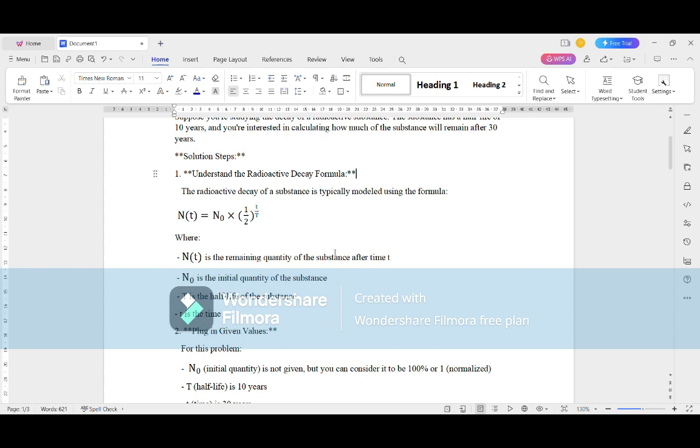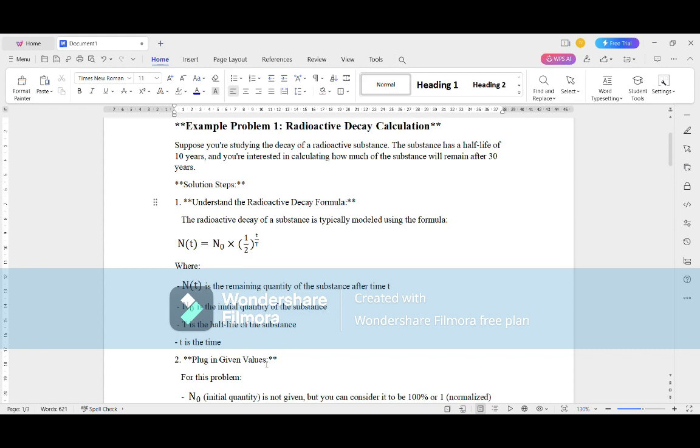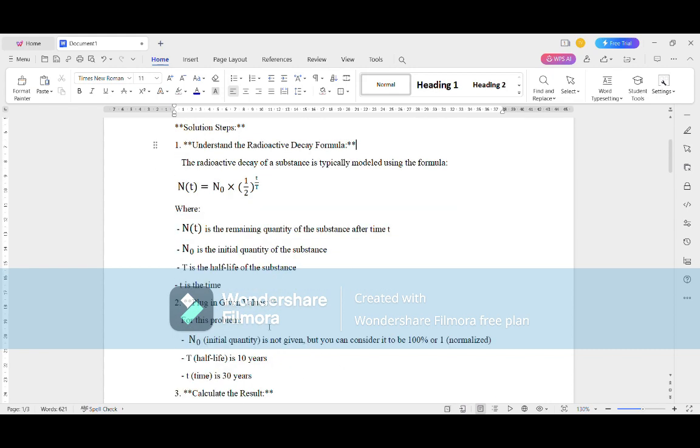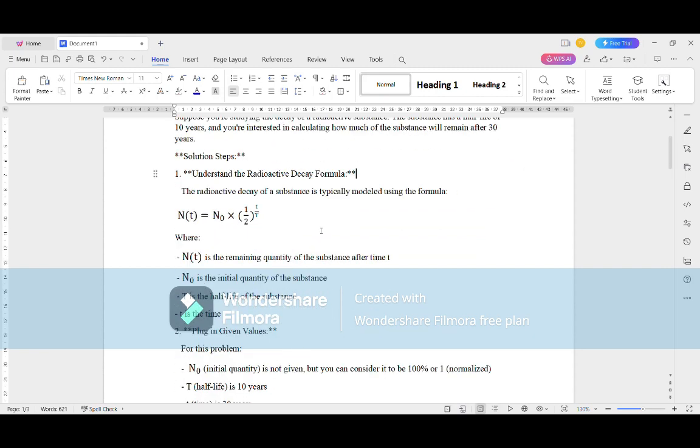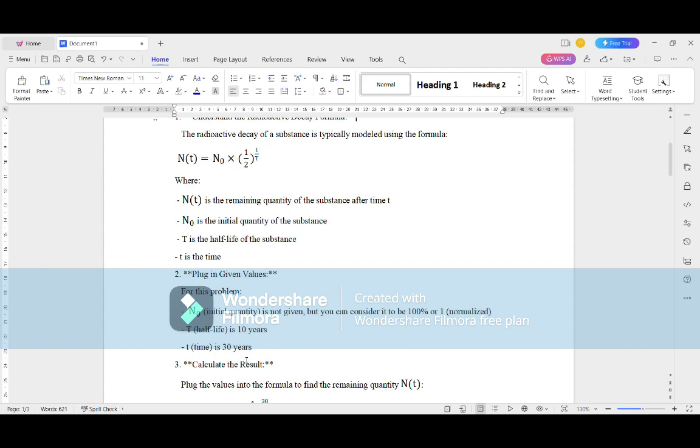And we plug the given values in the statement. N0 is not given, but we can consider it to be 1 or 100%. The half-life T is 10 years, as you can see, and the time t is 30 years.